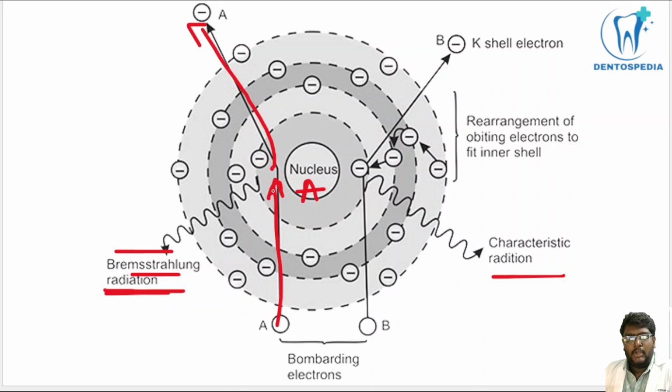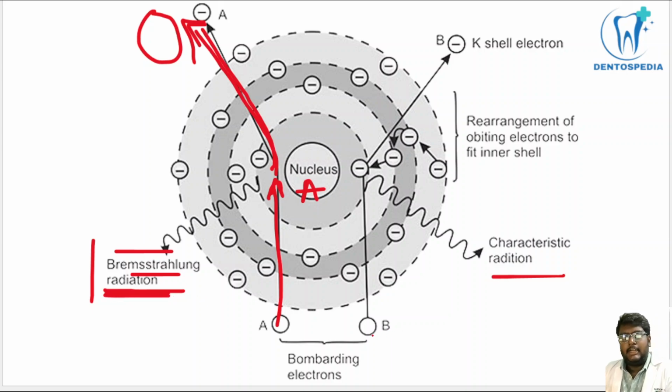And because of its slowing of speed, there will be energy loss, and that energy loss will result in Bremsstrahlung radiation, okay. And this electron doesn't hit another electron or the nucleus, it veers off in its path and enters into another atom. So this is the situation of electron A, and in the process we have the production of Bremsstrahlung radiation.